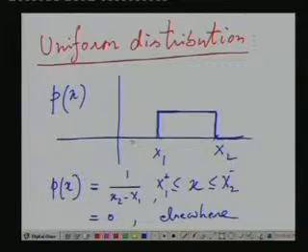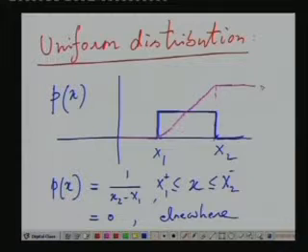So, probability distribution function should be like this. It is going up linearly, okay. Like this. Okay. So, this is for the case of uniform distribution.